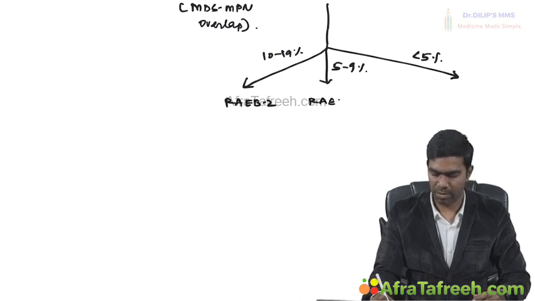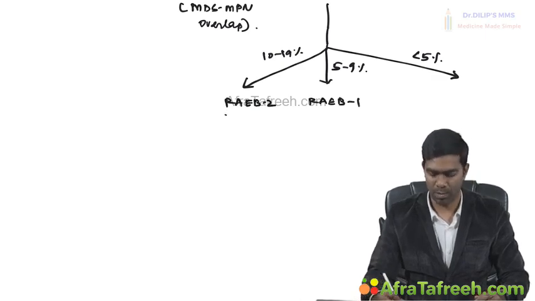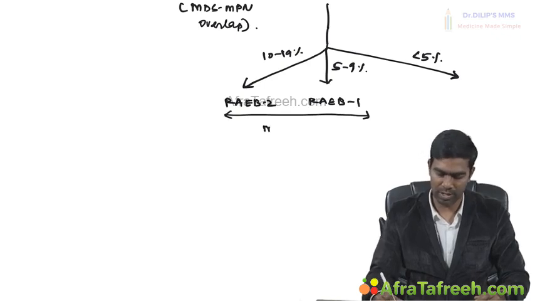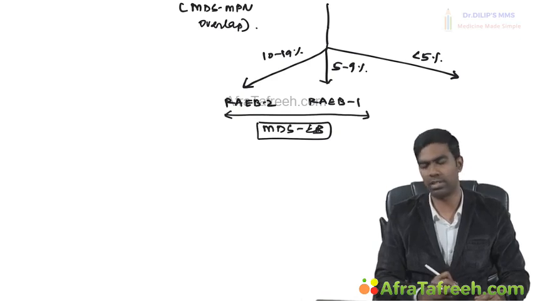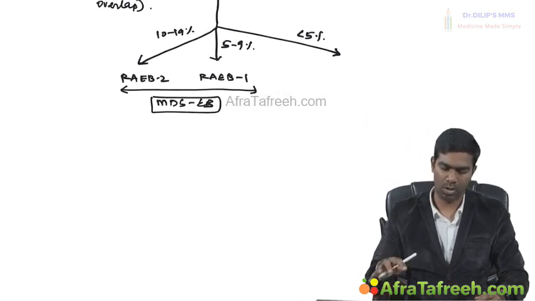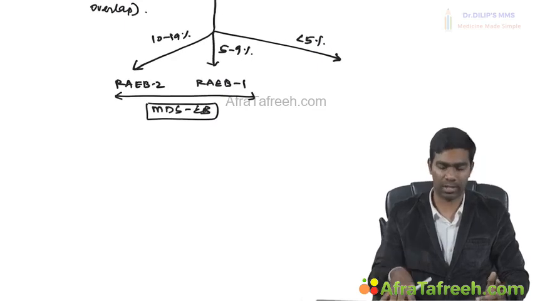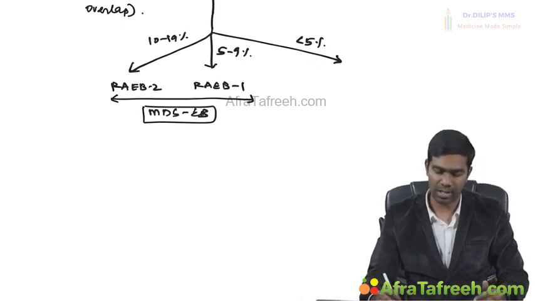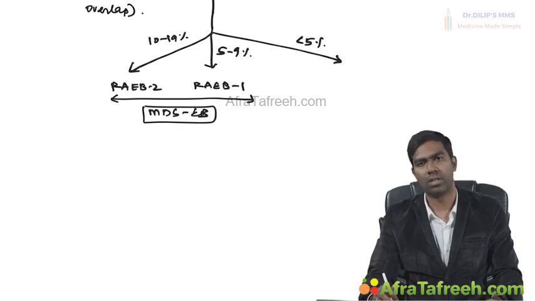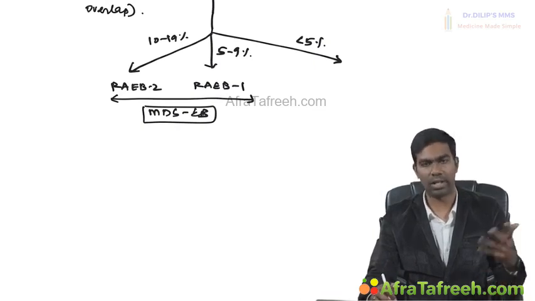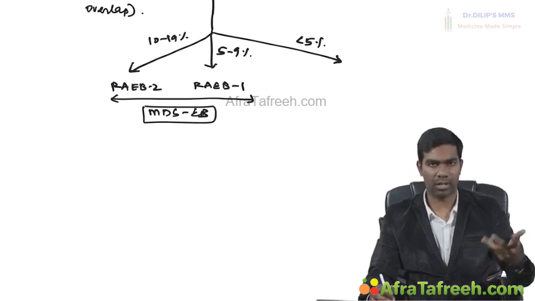If it's 5 to 9% blast, it is RAEB1. But currently, both are classified under MDS with excess blasts. Anything more than 5% is not possible in the bone marrow unless it is MDS with excess blasts. If it's less than 5%, then a lot of other types are there that you have to classify.